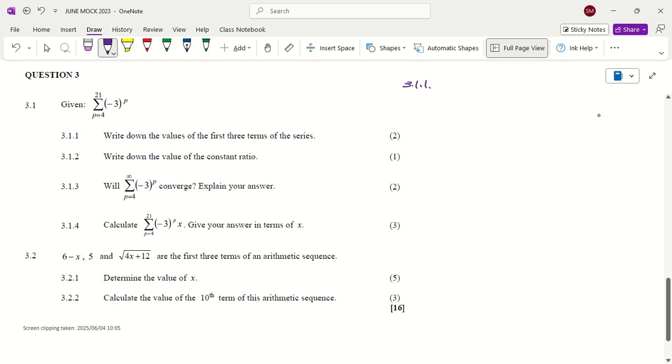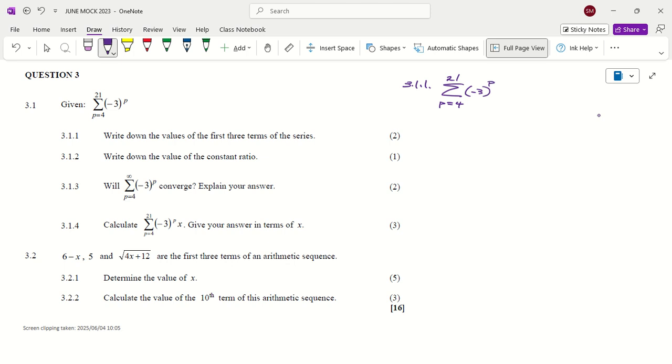We are given an expression in sigma notation, where P starts at 4 and ends at 21, and the sequence is negative 3 to the exponent P, right?